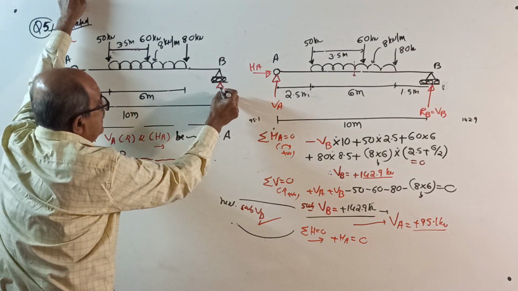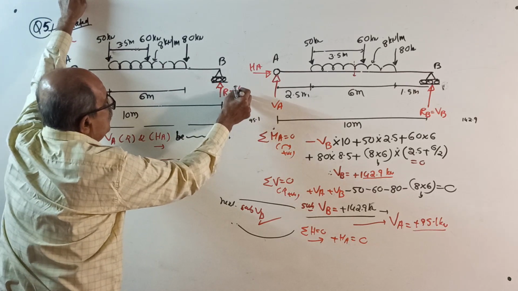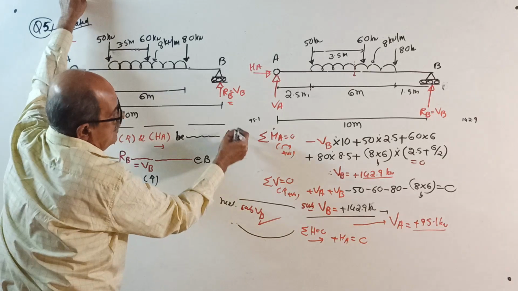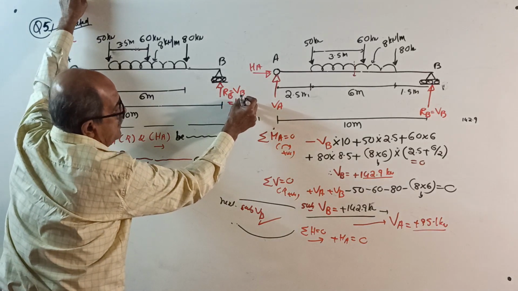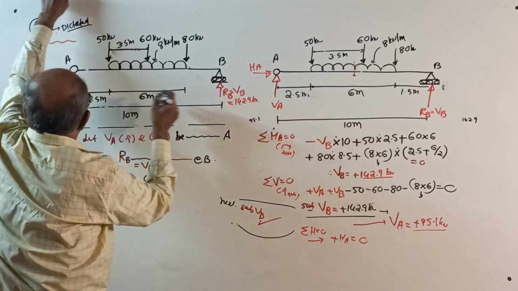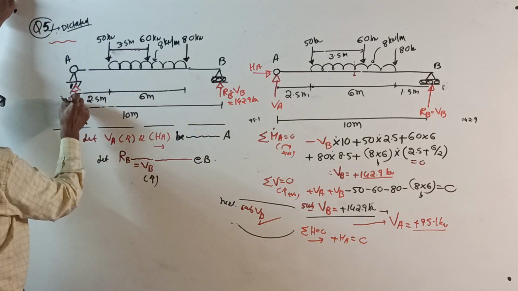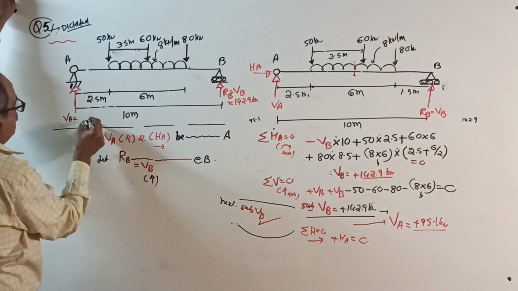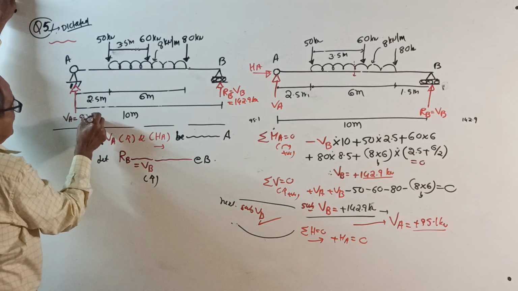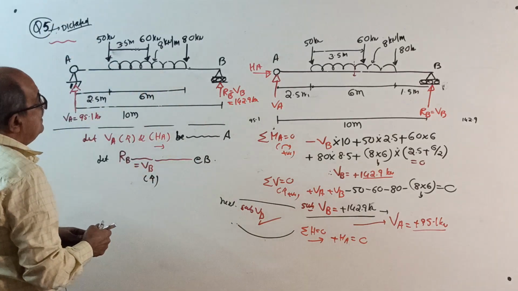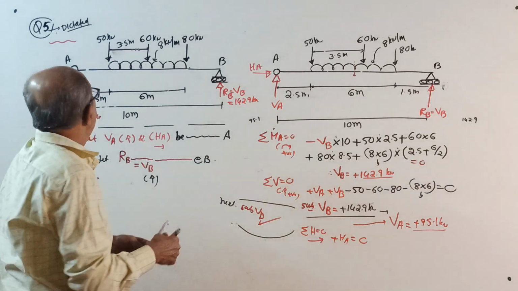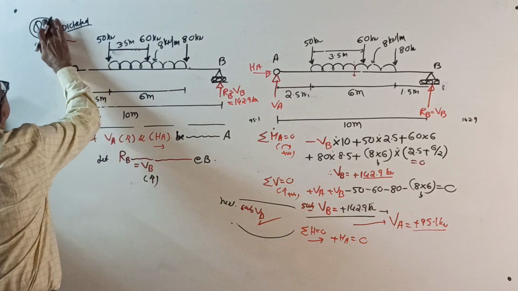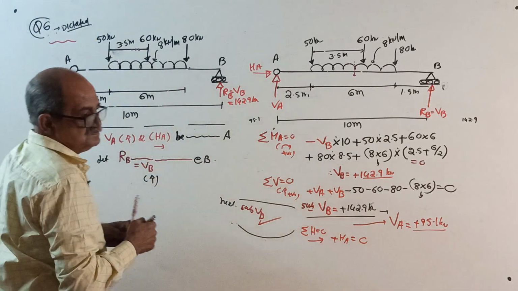This is RB equal to VB equal to 142.9 kilonewton. There is a vertical reaction here, VA equal to 95.1 kilonewton. That's all. Don't write HA, it is not there. Present the answer and go to next question number 6. Okay.